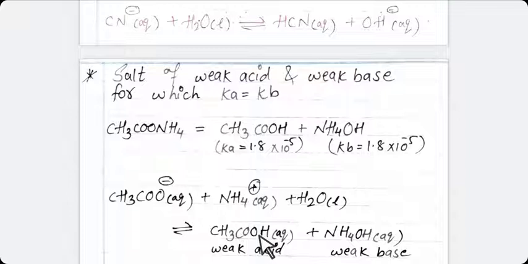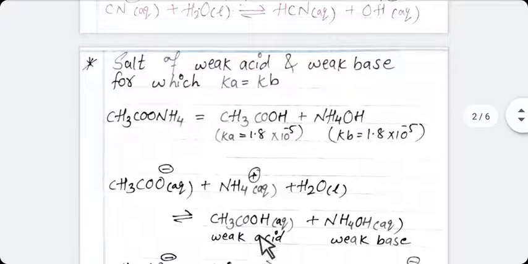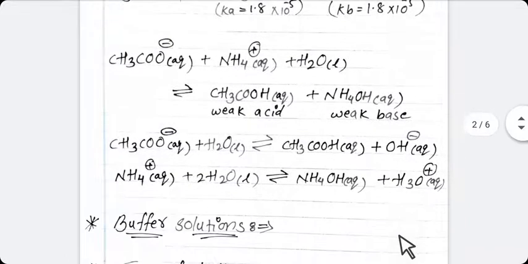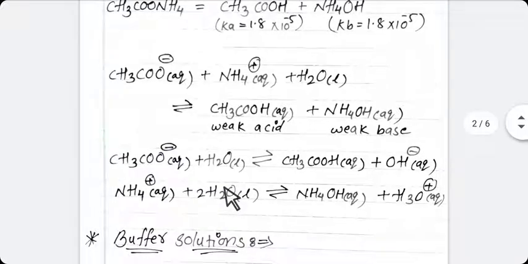In the next step, we use the ions which react with water. The acetate ion reacts with water to give acetic acid and hydroxyl ion, and the ammonium ion reacts with water to give ammonium hydroxide and hydronium ion.